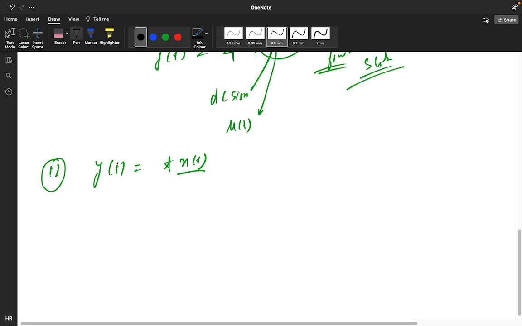And if the equation is like this, t x of t, then even if you put a finite input, this might not be a stable system. How so?